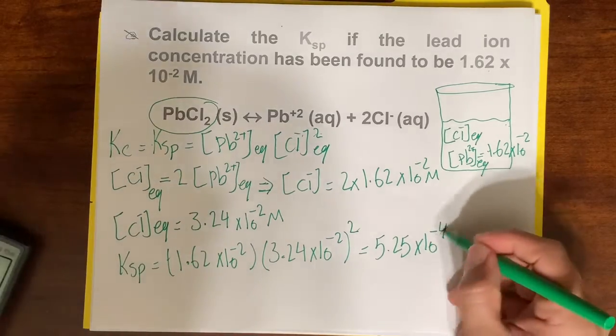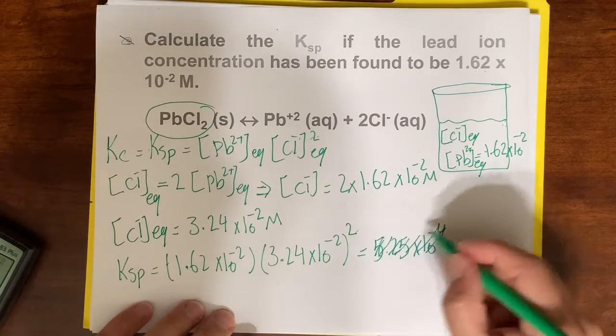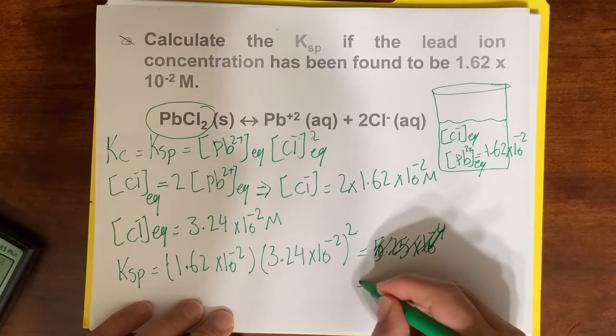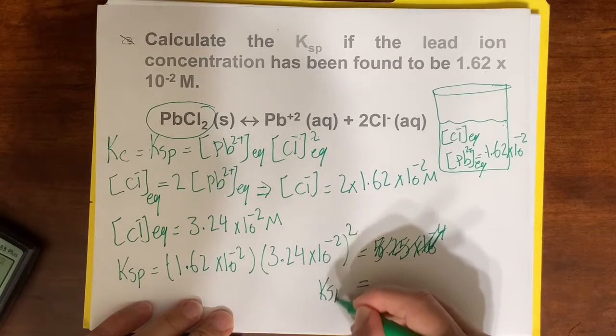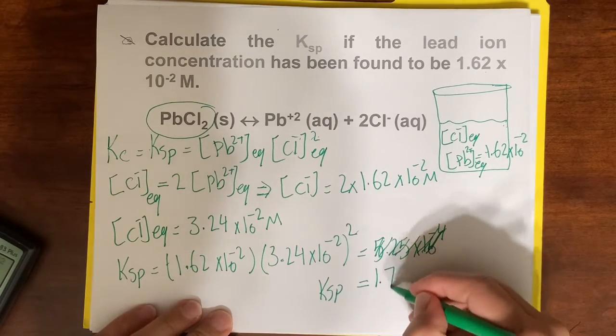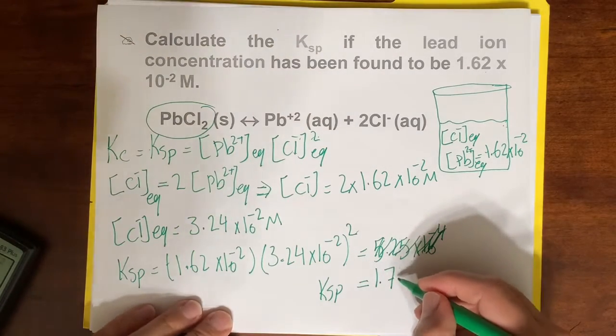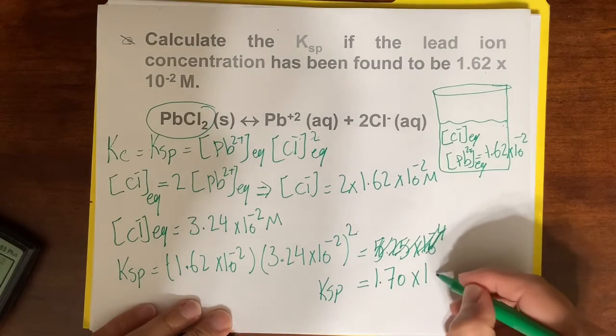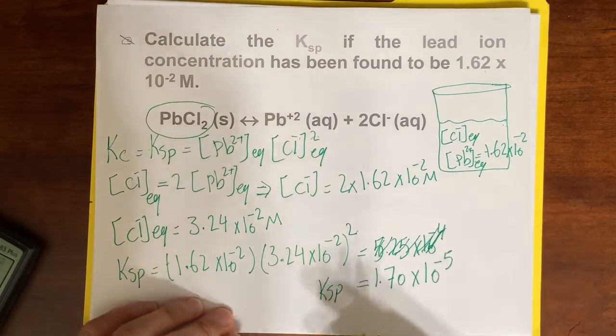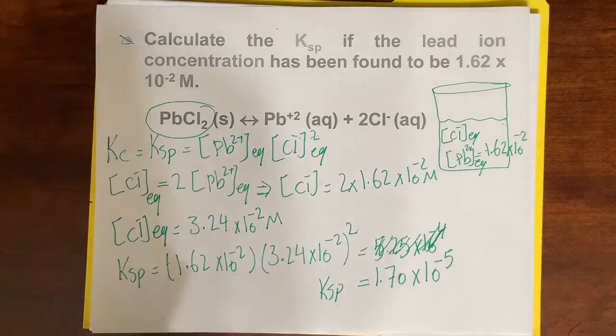Forgive me about this one. KSP will be 1.70 multiplied by 10 to the power of minus 5, and that's the correct answer for it.